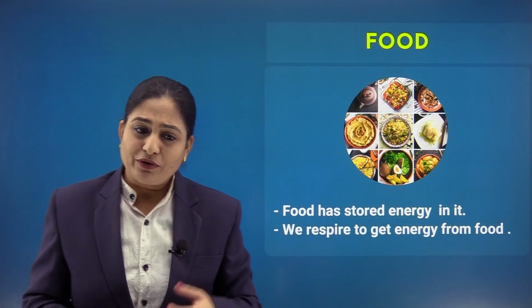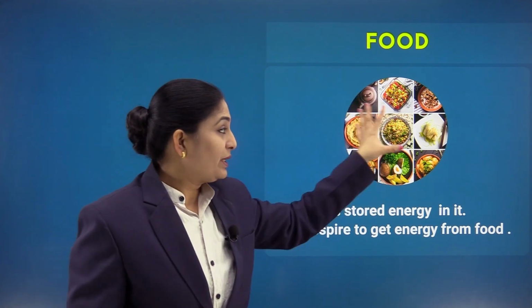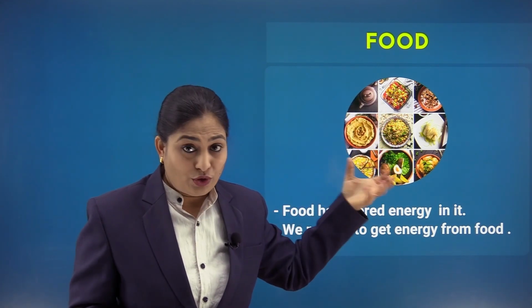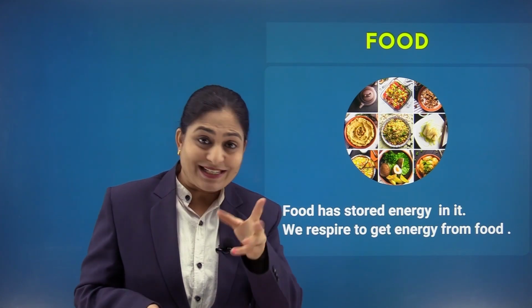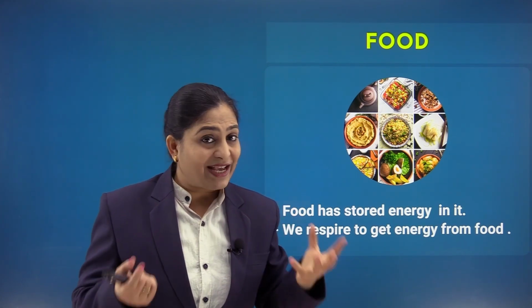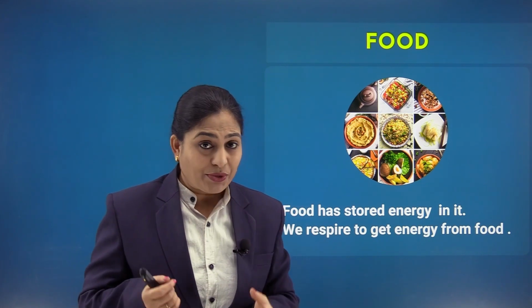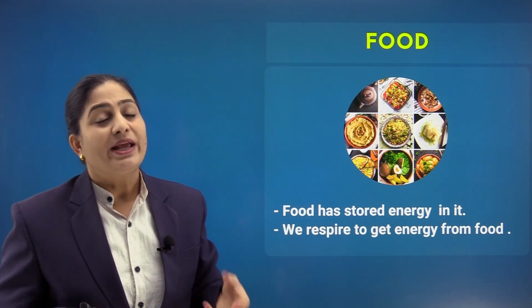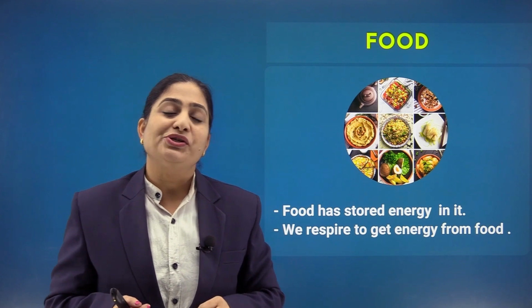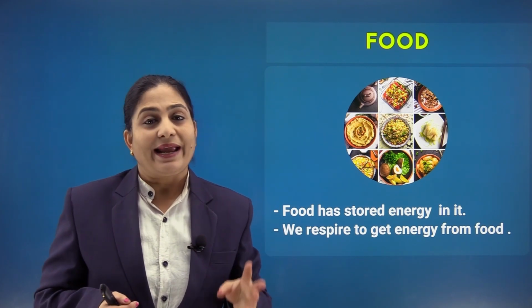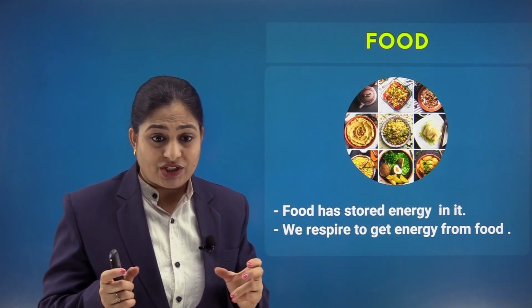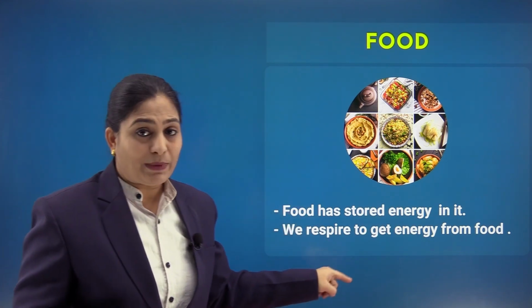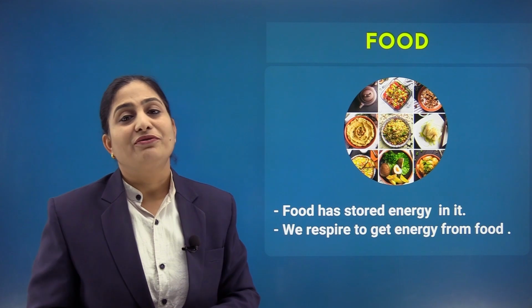When we talk about food, we eat this tasty food just to take energy from it. Your mom always says, have a balanced diet, take nutritious food so that you get good nutrients, and finally you consume it in your body and get energy from it. So food has some stored energy in it and we respire to get energy from food.